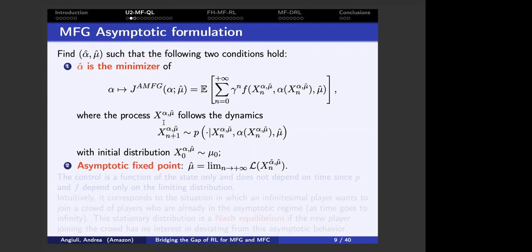Now at the equilibrium, the law of the single agent is actually matching the law of the population, and this is due to the fact that the game is symmetric, so you cannot differentiate across players. So we use this idea to define algorithms that are analyzing only the single agent, because the states of the agents will be at equilibrium sampled by the same limit, the same distribution of the population.